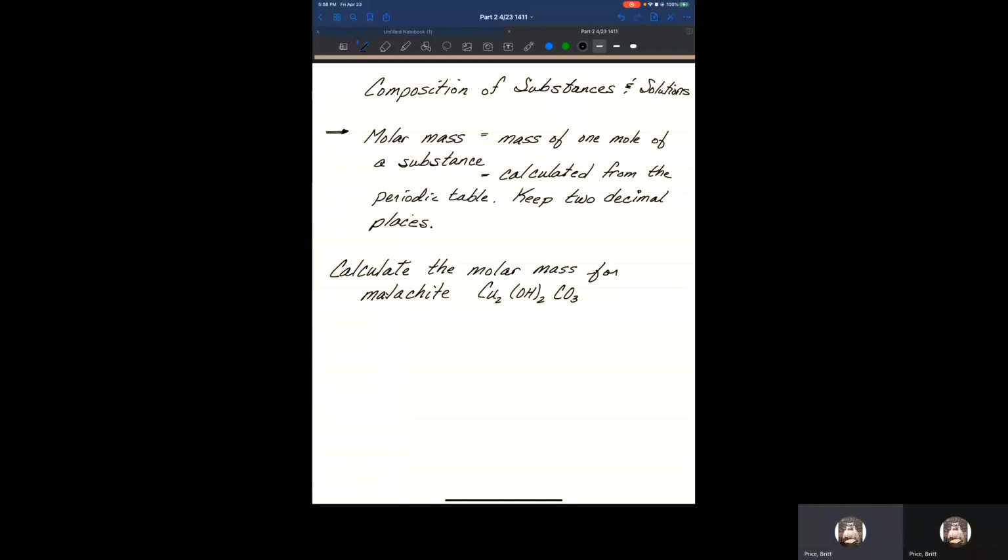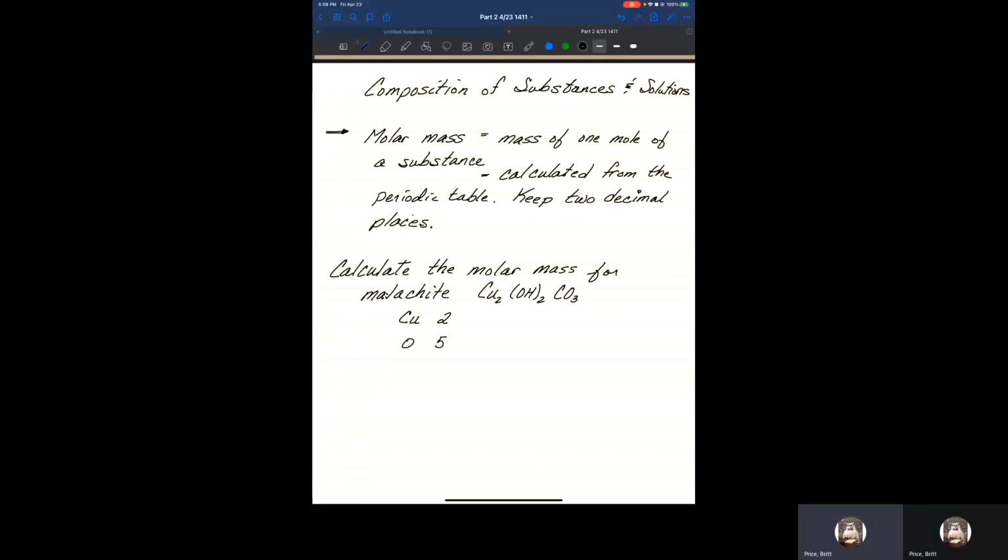When you are asked specifically to determine a molar mass as a calculation question, I do want to see your setup. So don't just toss down the numbers or just toss down your answer. I know that many of you can do it that way. Just please don't. So I've got 2 coppers, 5 oxygens.